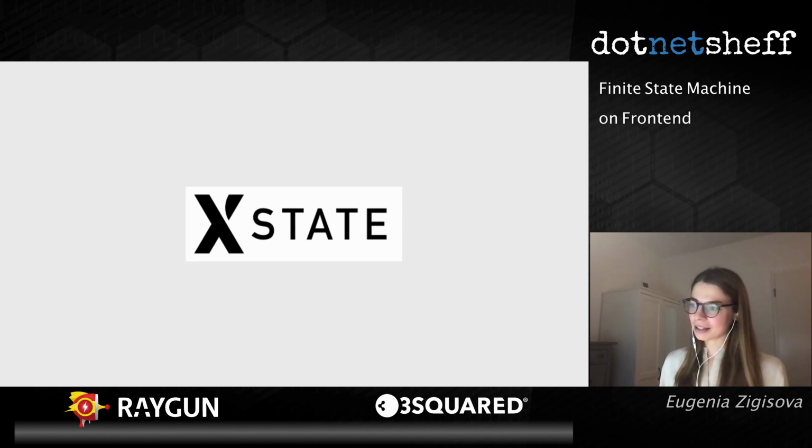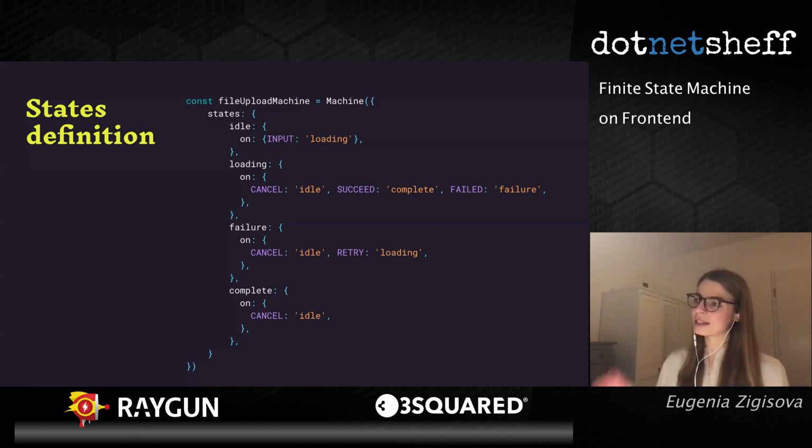So when we use Xstate library to implement a finite state machine, we will start from state machine definition. Basically, everything we need to define in our state machine will be in one object. And if we start from states definition, we'll define a field states where we will list all possible states.